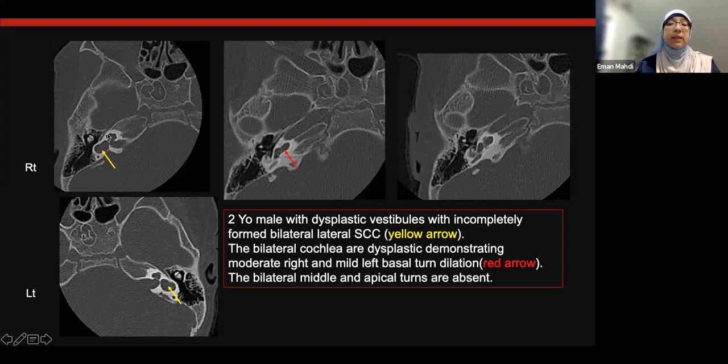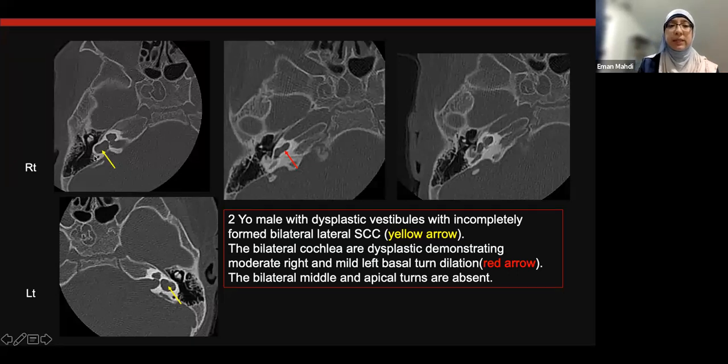It's a hard case just because sometimes it really gets confused between the common cavity malformation versus the cystic cochleovestibular malformation. But I would say the main way that we can differentiate is that in cystic cochleovestibular malformation, there is a cochlea, but it's cystic, and there is a vestibule, and there is some separation between the two.